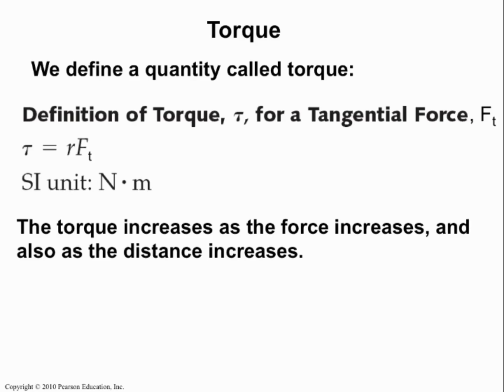They don't have direction. They're just amounts. Torque, on the other hand, is a vector. It has a magnitude and a direction. And so even though it uses the units of Newton meters, just as work and energy does, it's not equivalent, because one, work and energy, is a scalar, and the other, torque, is a vector. So the torque increases as the force increases, and also as the distance increases.